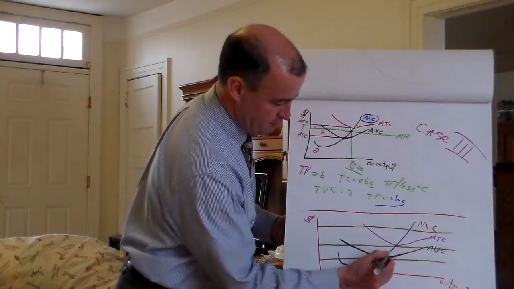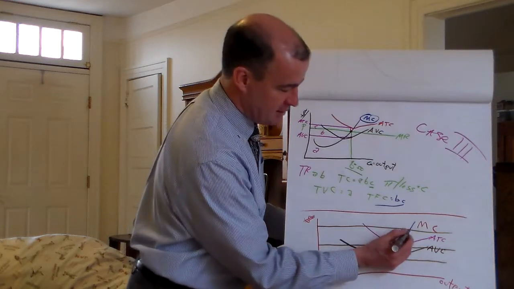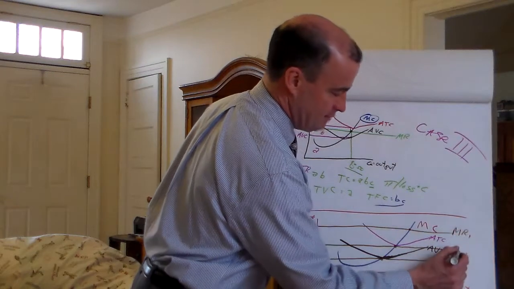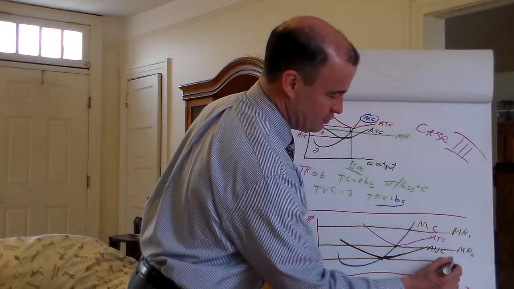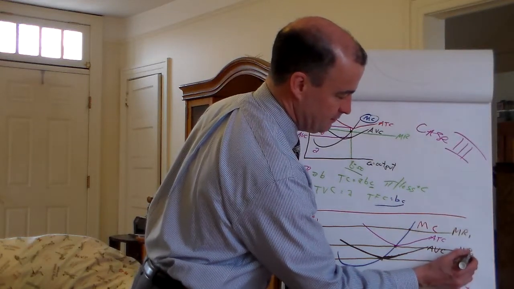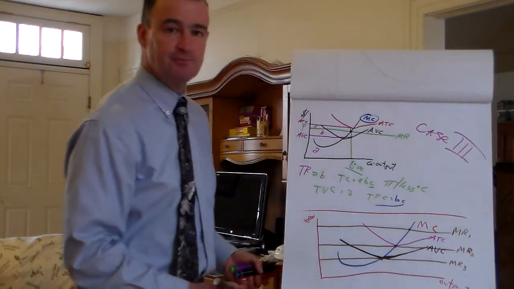So 3 points here, bottom of the AVC, bottom of the average total cost, and then this one way up here. Marginal revenue 1, marginal revenue 2, marginal revenue 3. 3 horizontal lines. They should be labeled as such. Good? Good.